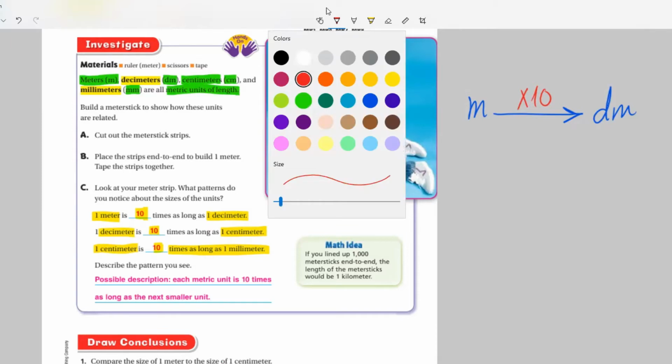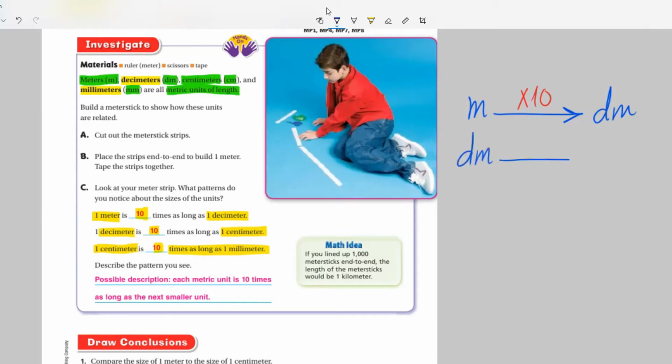And from decimeter to centimeter, multiply by 10 here, and from centimeter to millimeter, you should multiply by 10.